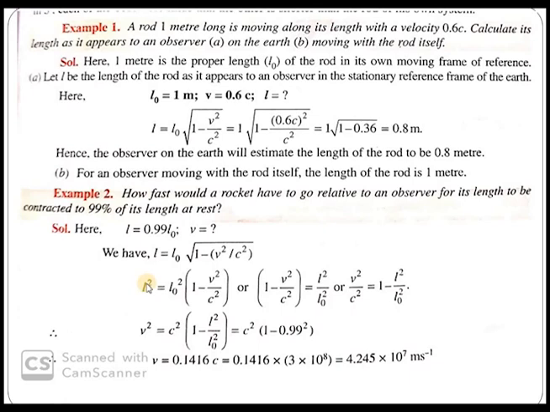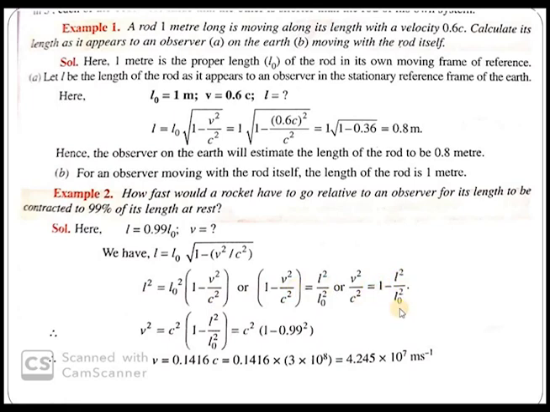Okay, so I can write the equation this way. L is equal to L0 into root of 1 minus V square by C square. L square is equal to L0 square into 1 minus V square by C square. Or I have L square by L0 square is equal to 1 minus V square by C square. Or V square by C square is 1 minus L square by L0 square.